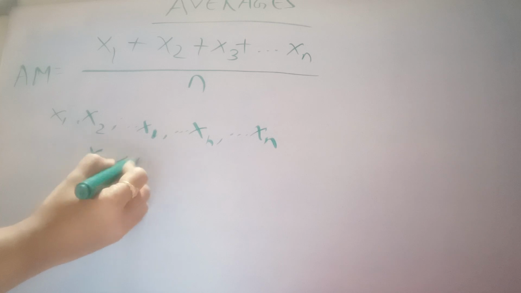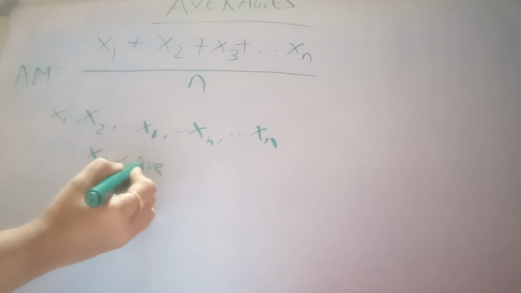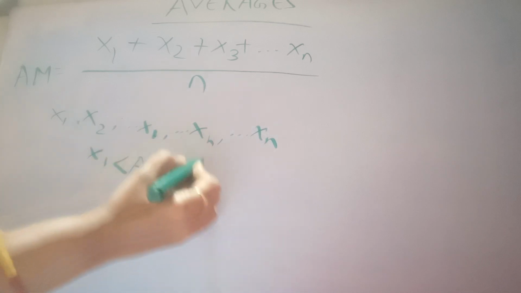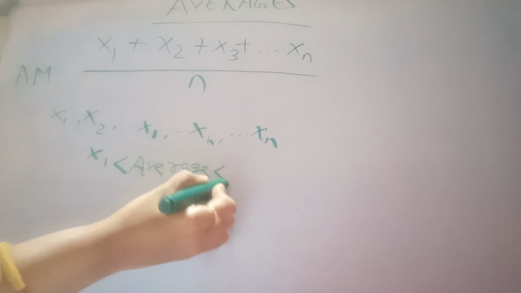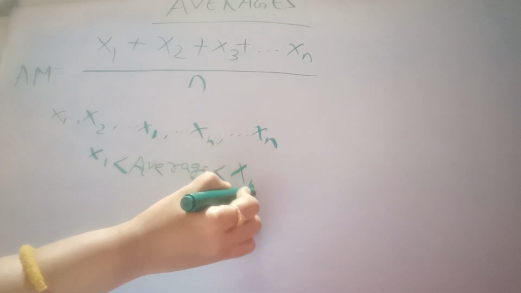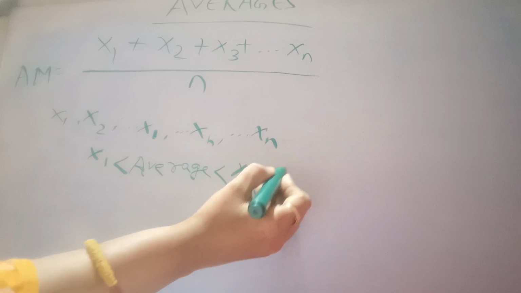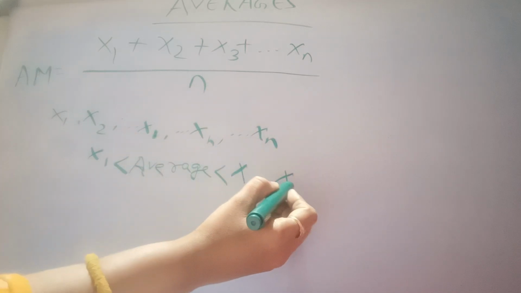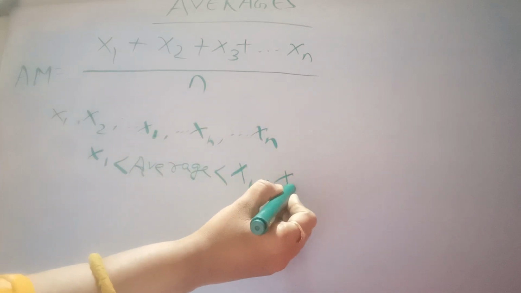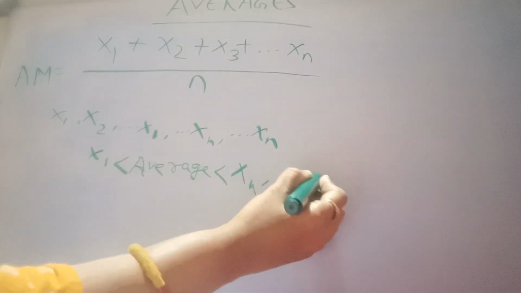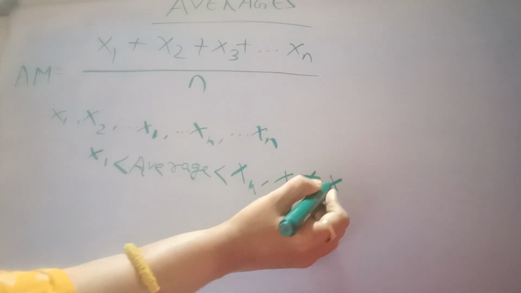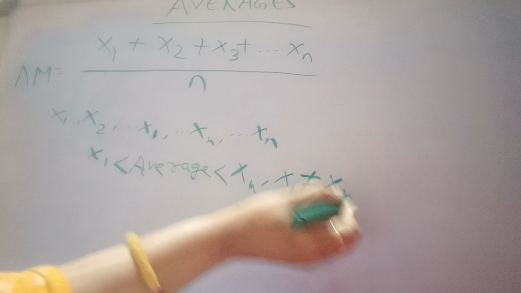is smaller than the average, which is smaller than xh, and xl is not equal to xh.